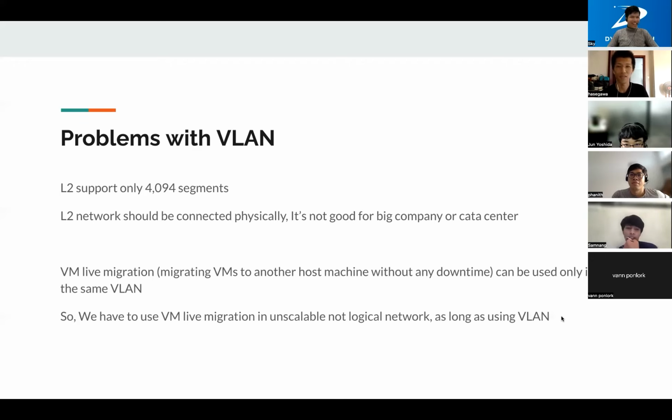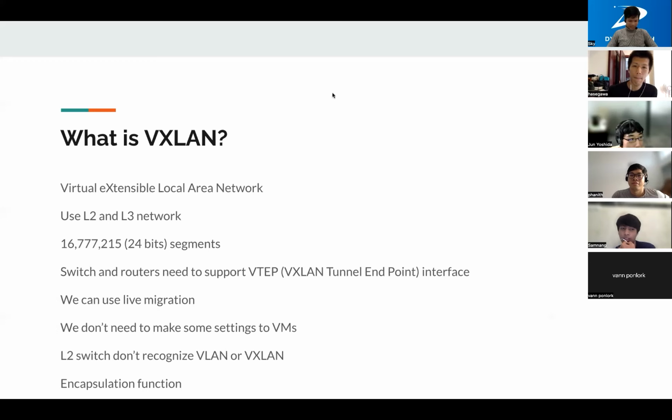Okay. I just have one question about VXLAN. Is it the same as inter-VLAN, right? Yes, inter-VLAN.